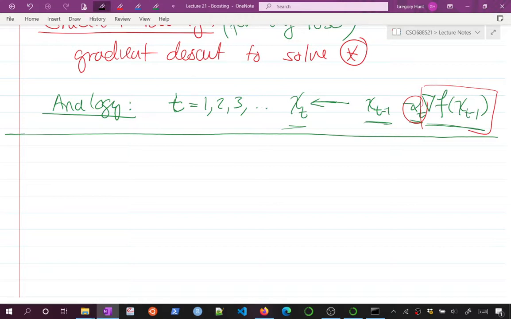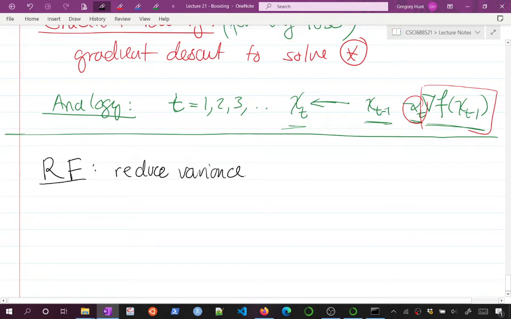So in closing here, I just want to compare this to random forest because it's often brought up after random forests. So random forests work by reducing the variance of an approach by averaging things together.